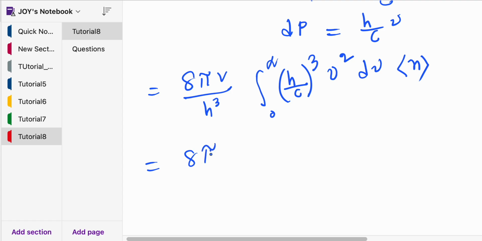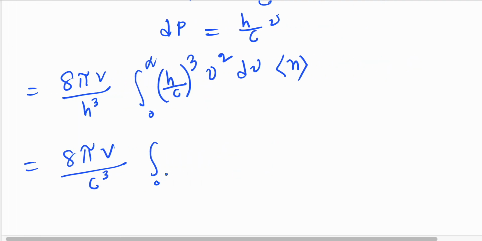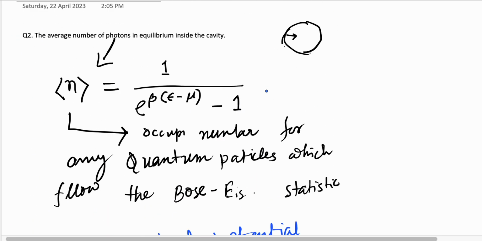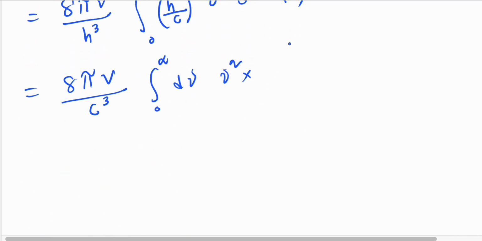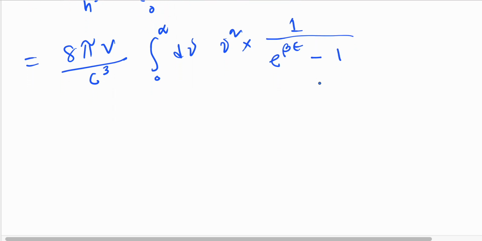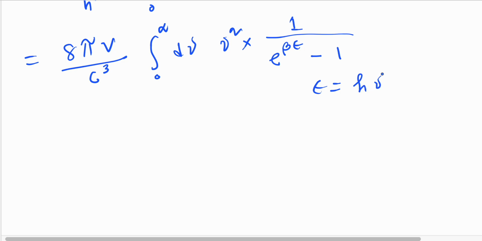So 8 pi V by c cube, integral from 0 to infinity nu square d nu, and let's put the value of the occupancy number, 1 by e to the power beta epsilon minus 1, and we know that epsilon equals h nu, so put h nu here in place of epsilon.